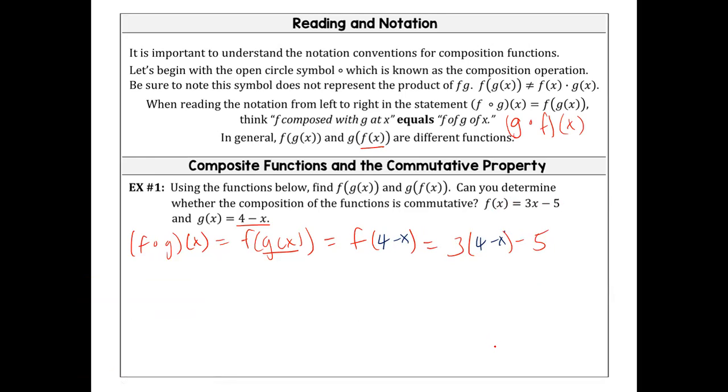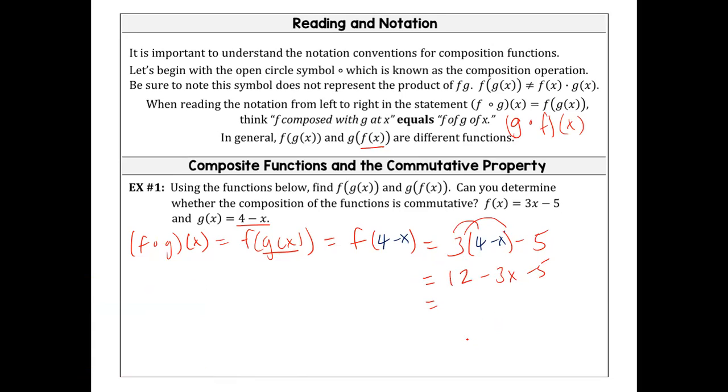The key thing with compositions is that you want to make sure you completely simplify. That means remove unnecessary parentheses and combine like terms. So in order to do that, we're going to do what? Distribute. So our final new function is going to be 12 minus 3x minus 5, which equals 12. Oh, I said 12, and I have no clue why or how.